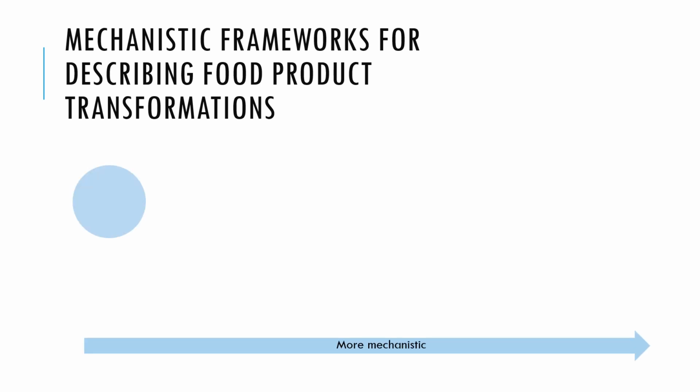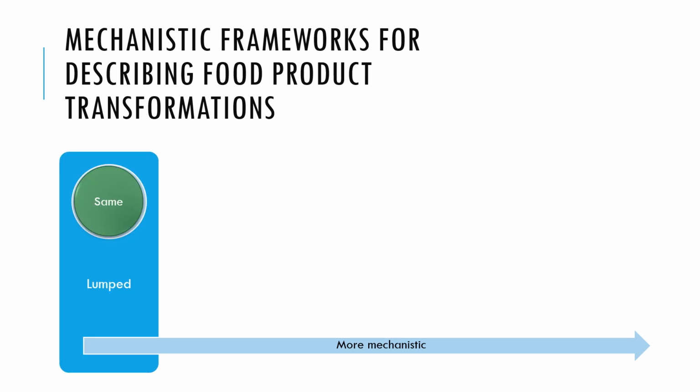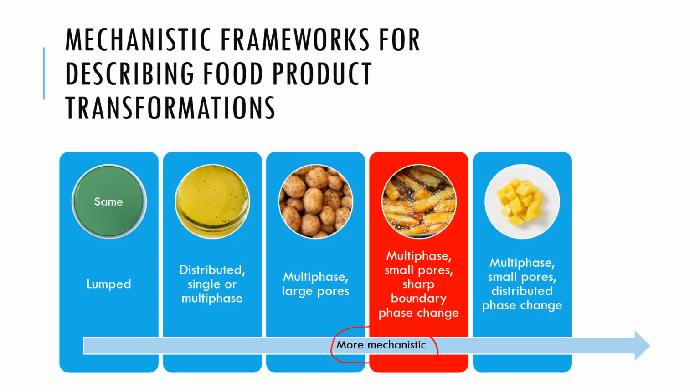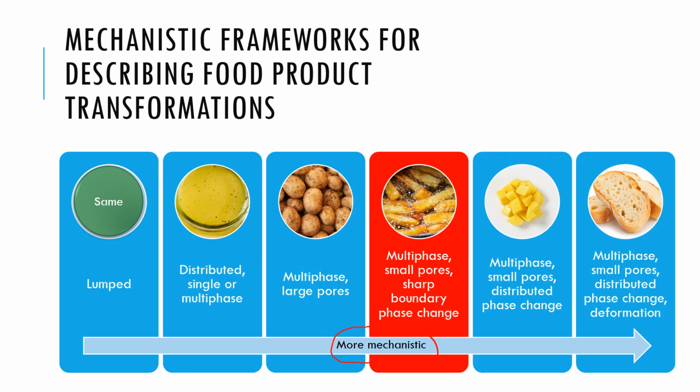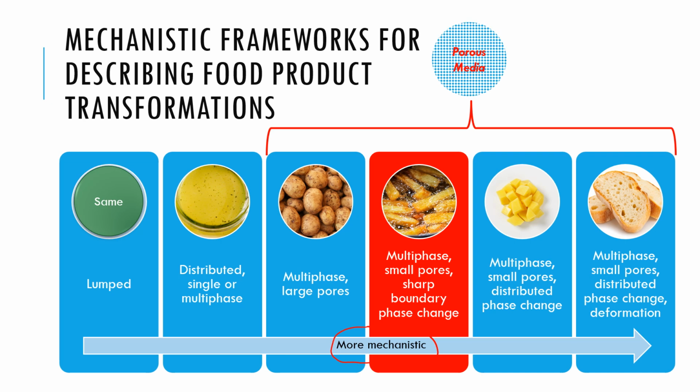Looking at the big picture of many ways to describe a food process mechanistically, from less to more mechanistic, we can have many choices from the most simple to the most complex, and we are here.